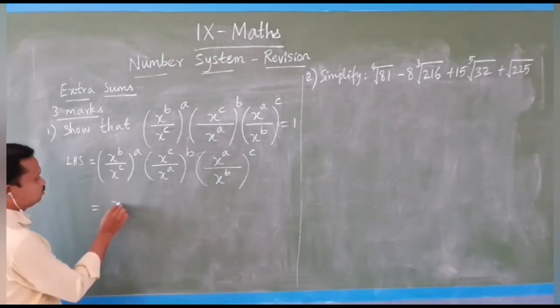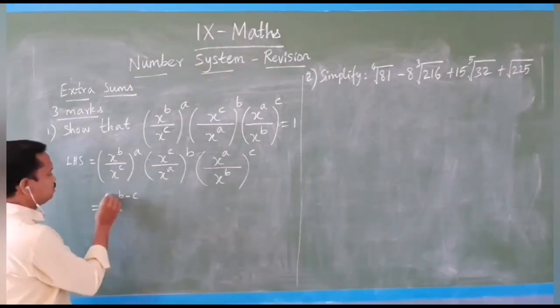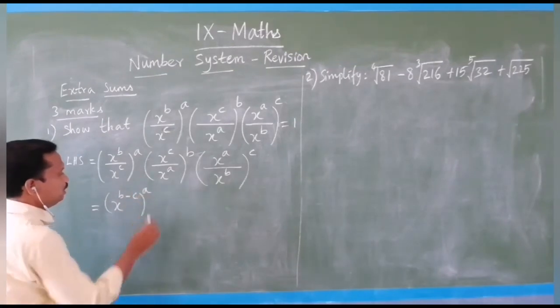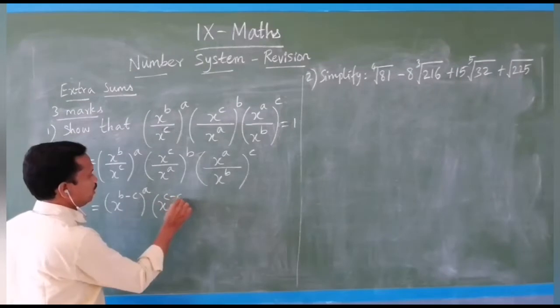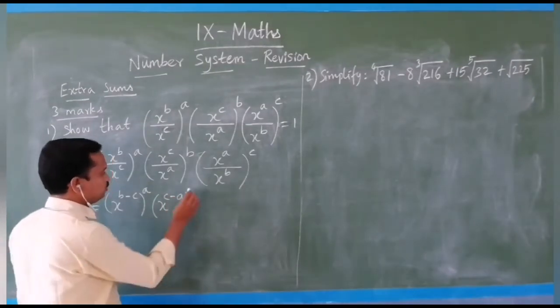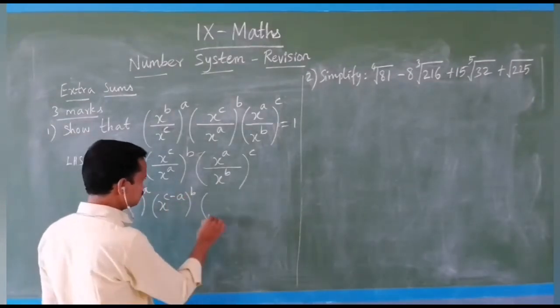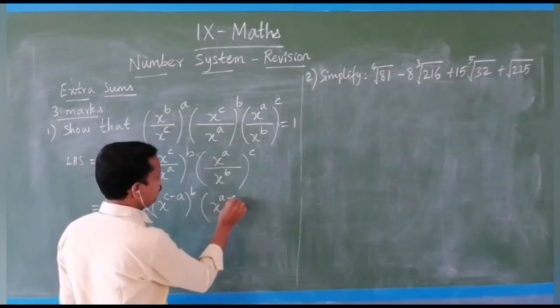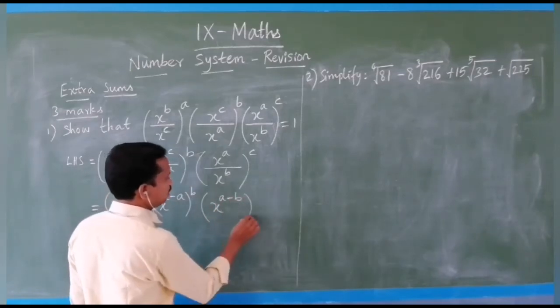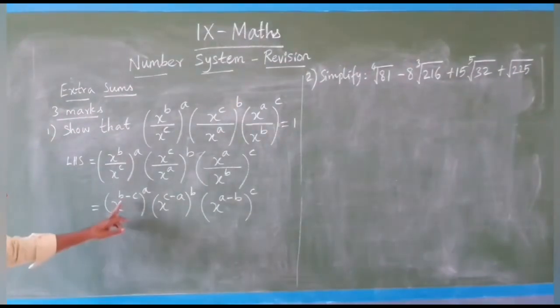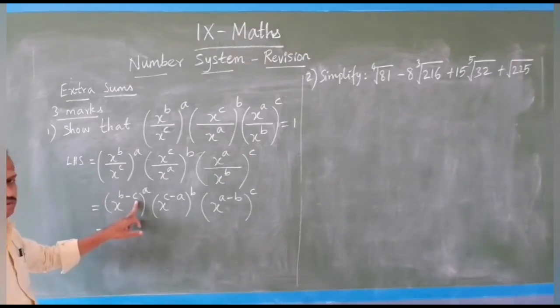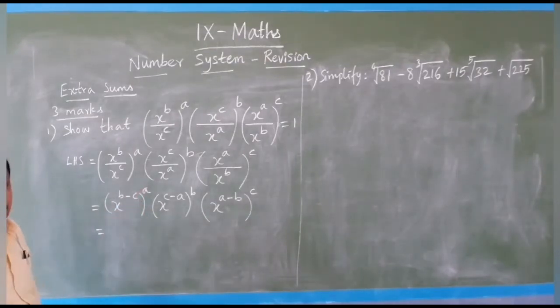So x^(b-c), and then whole to the power a as it is, and here (x^(c-a)) whole to the power b, and here (x^(a-b)) whole to the power c. And again here the exponent b minus c should be multiplied with that power a.